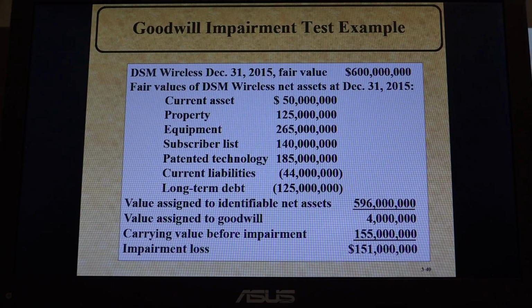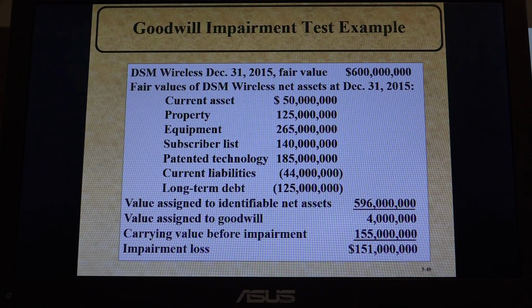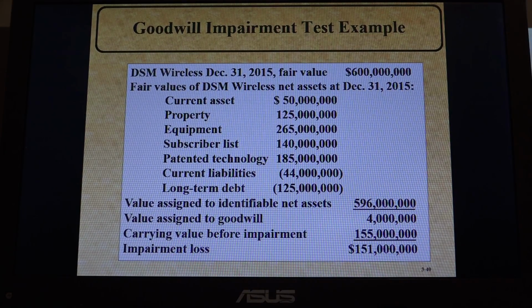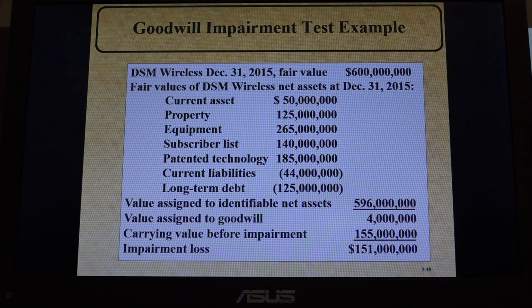And so, since they've determined that it's more likely than not that goodwill has been impaired, they go and get the fair value of this reporting unit as of the impairment date, the impairment test date. Here it's at the end of year 1.